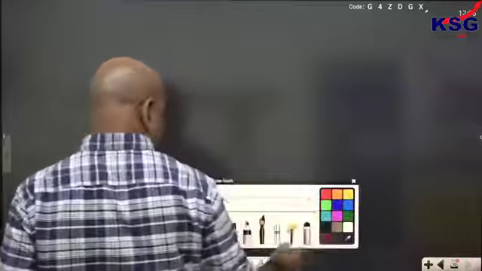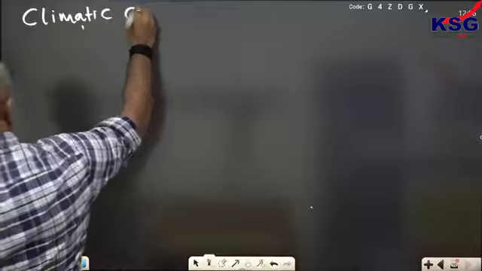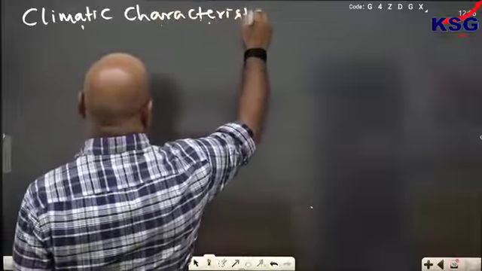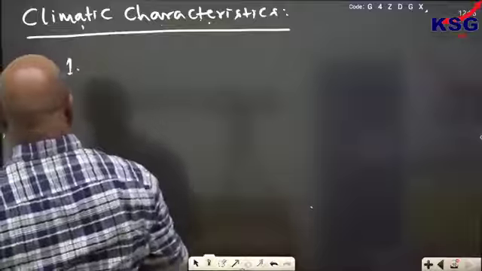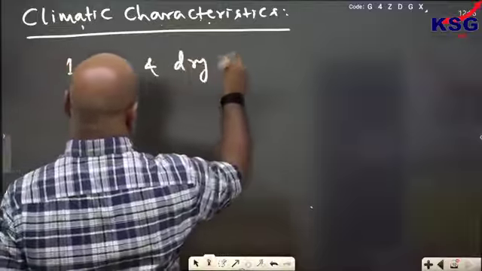So let us look now at the climatic characteristics of a desert. First point is hot and dry climate.